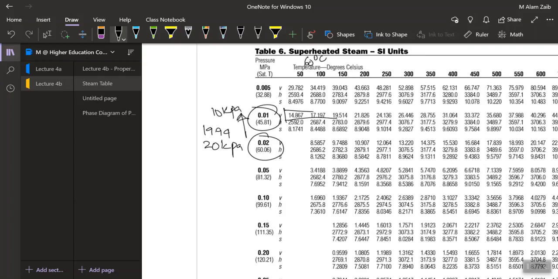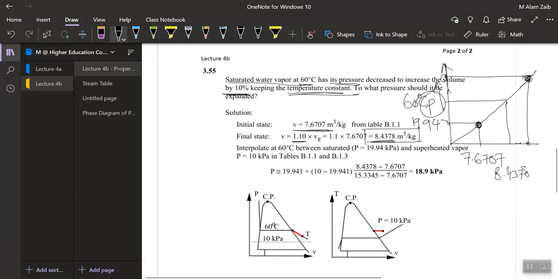And let's assume for a while that we have a temperature of 60 degrees centigrade. Why I'm saying let's assume for a while, I will explain a little bit later. That means at 10 kilopascal, I should have a volume which is somewhere here, 15.3345.